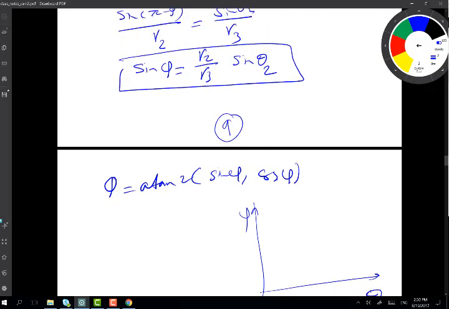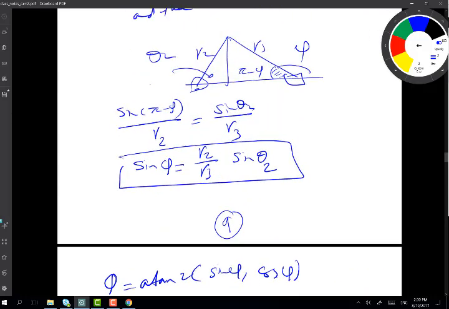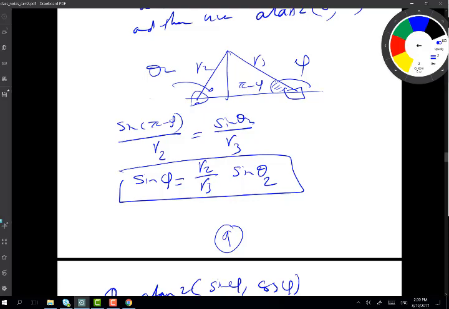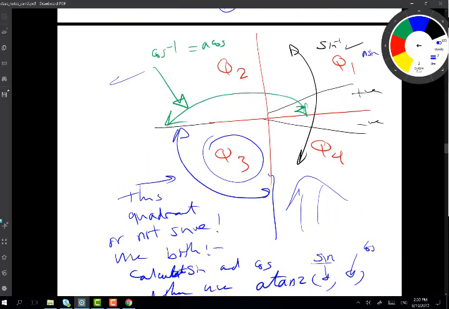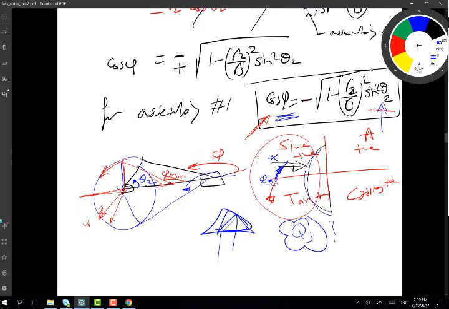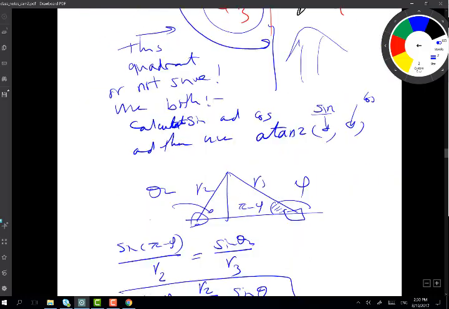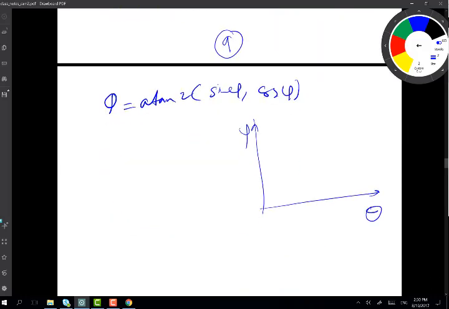So you'll find that phi will start at pi when the linkage is at rest, then be reduced a bit, and then go back to pi, and then go above pi as the crank goes below the x-axis, and so on. So we'll be able to plot this here.